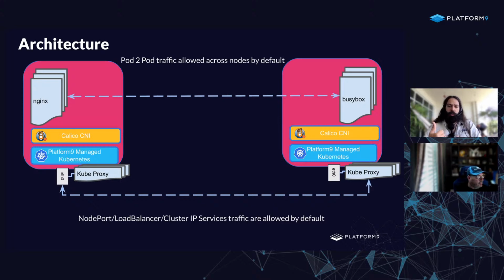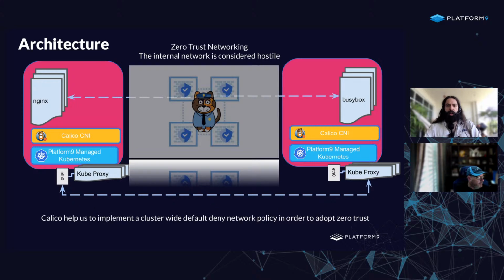But what happens when you want to start adding some security and some control to it? That's where Calico comes into play. Calico by itself helps us implement a cluster-wide default deny network policy, which is the first step ahead in order to adopt zero trust.